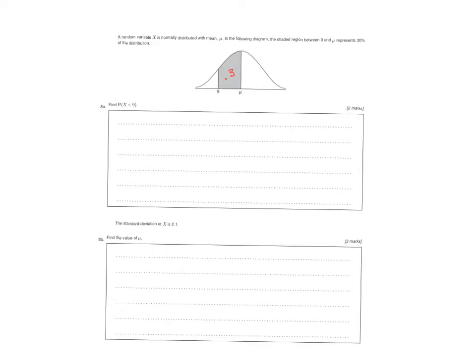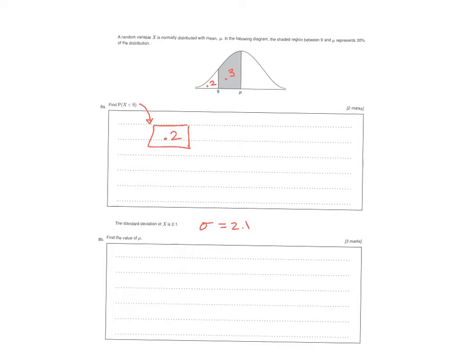So if to the left of the mean is 50% and the shaded area is 0.3, that leaves us 0.2 or 20% for the probability of when x is less than 9. It also tells us the standard deviation equals 2.1, and it asks us to find mu.